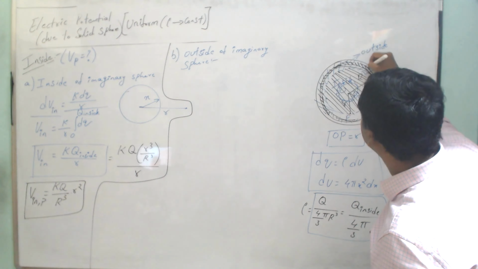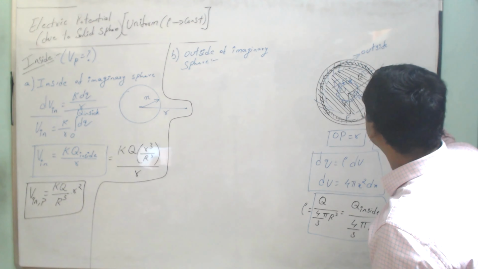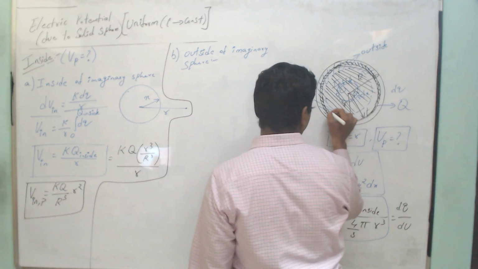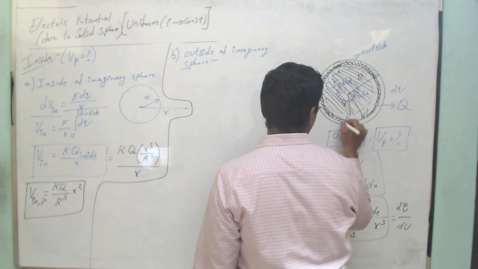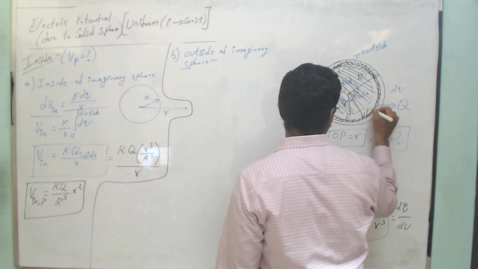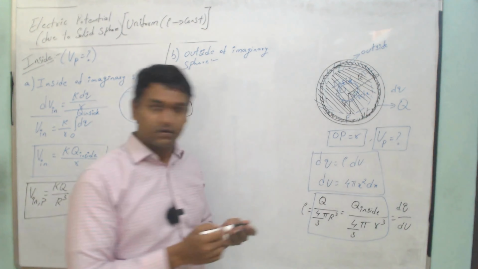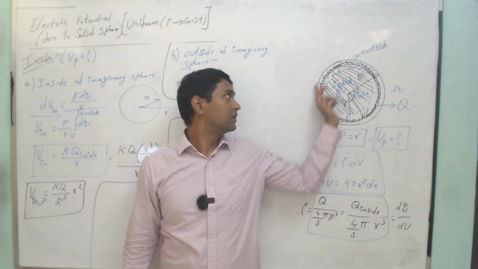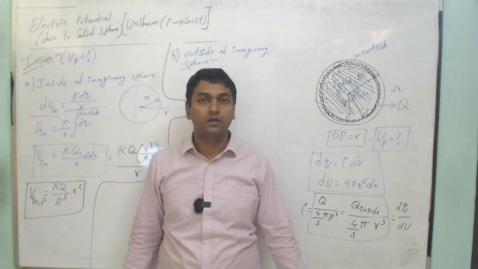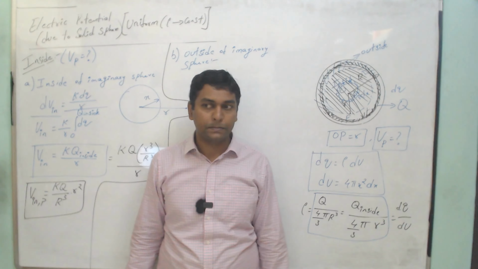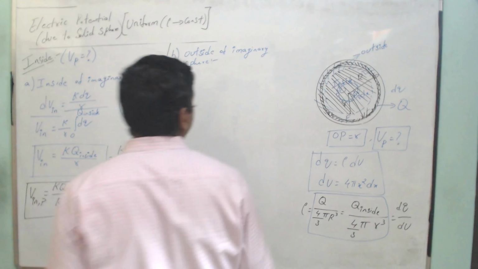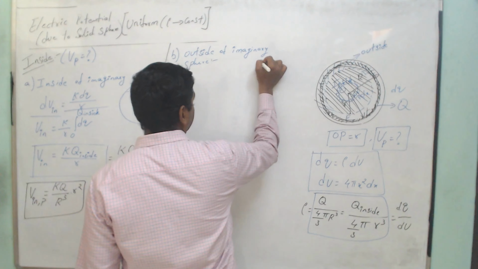So I'm highlighting this element over here with black. I'll just draw over here.